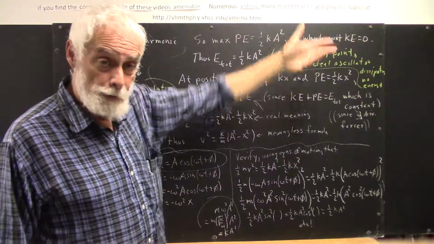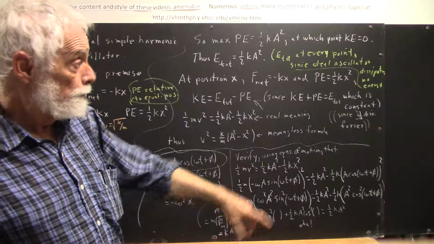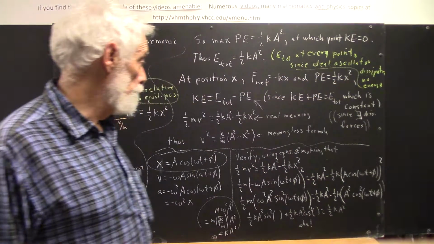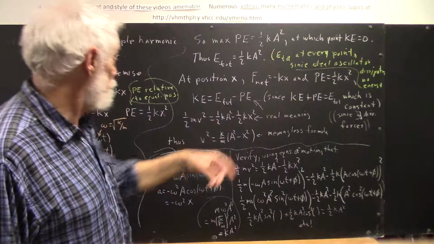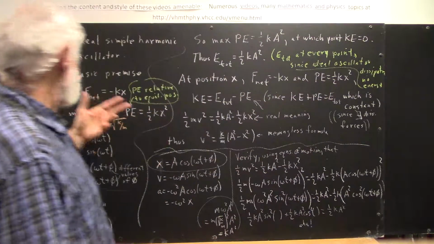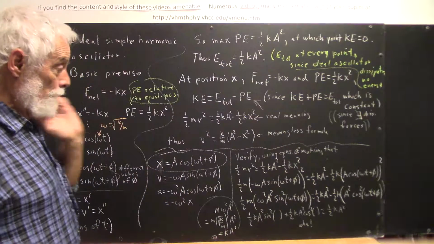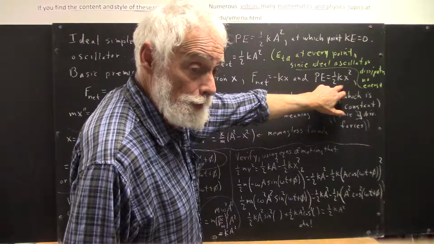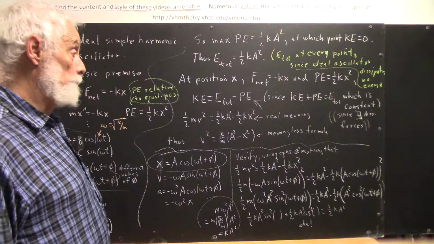Net force is negative kx, not necessarily relevant to the energy considerations, and potential energy is 1/2 kx squared. Okay, we know this because that's our basic premise. We know this because we integrated our force with respect to position, and this is what we've got. This is the potential energy relative to the equilibrium position.